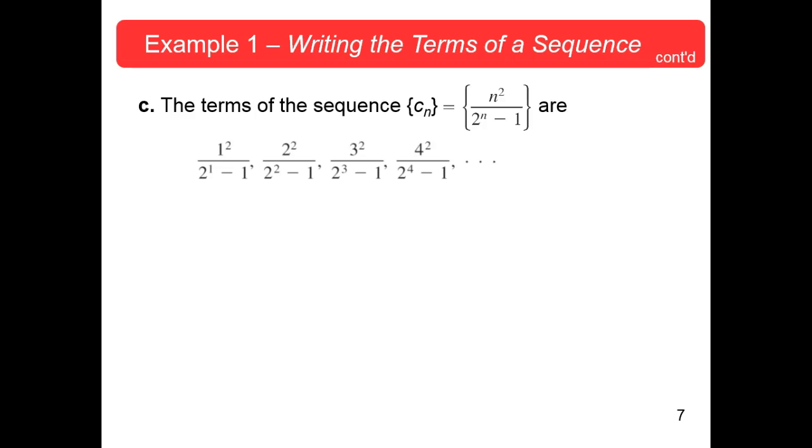Okay. Now, here's another one. Let's pretend they didn't show us that. The C one here. C sub n is that.